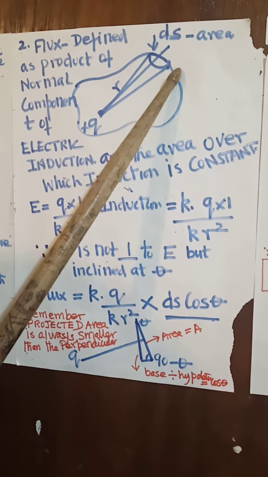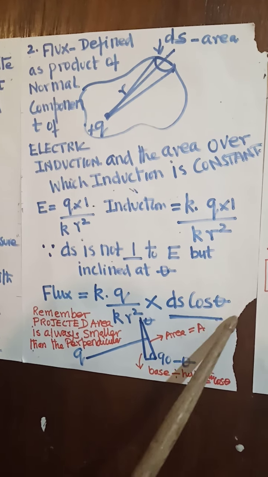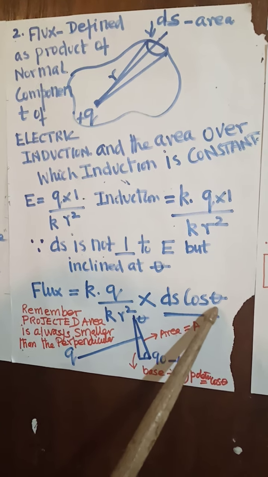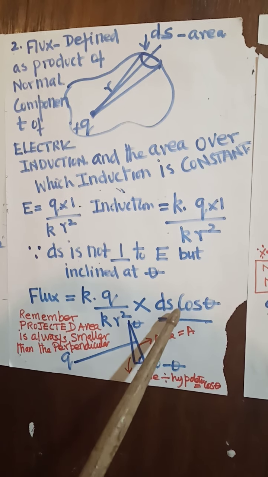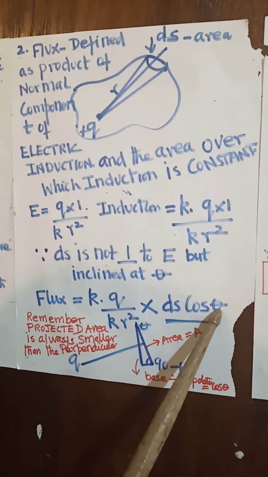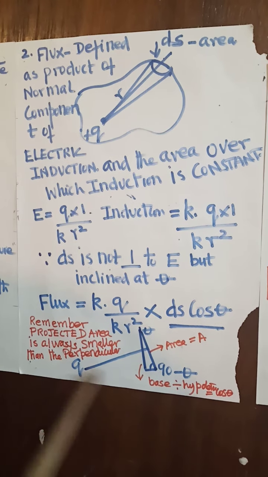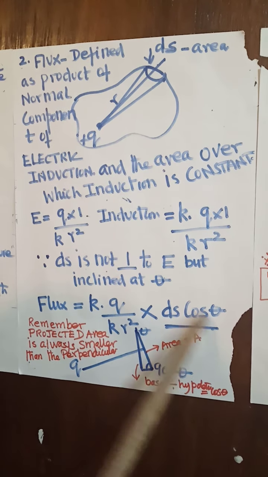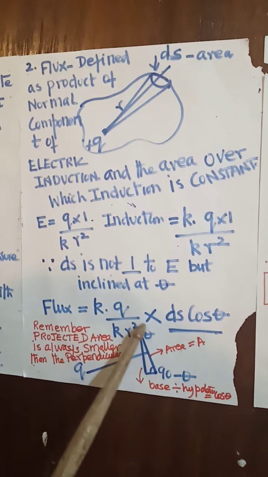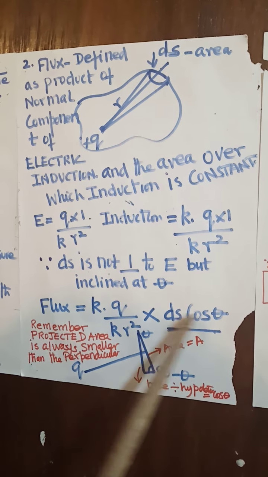So when it is not normal, there will be loss in area, and that loss is done by cos theta. If theta is 0, then it is perpendicular, then it is ds. But with cos theta, it will be reduced by a small amount. So this is the projectional area. So the flux is Q by K into R square, K cancels, so we get Q by R square ds cos theta.